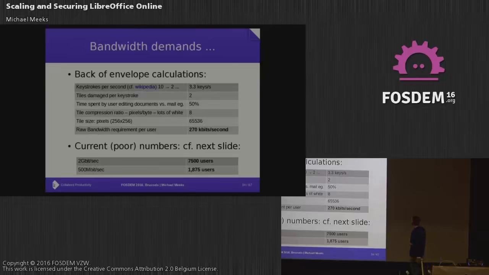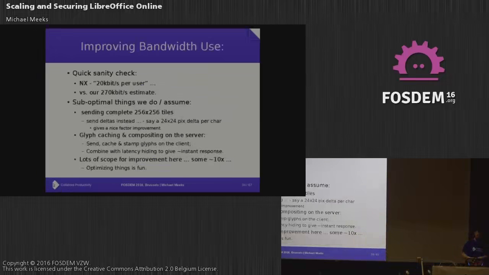These are your tile sizes, and you come up with this raw bandwidth requirement per user of something like 270 kilobits a second, which for those of you who started on a 64 kilobit modem, like me, if you were lucky, seems a lot of bandwidth. But in the modern world of waste everywhere, this is about 7,500 users on a 2 gigabit a second connection, which is a reasonably good number of users, I would argue.